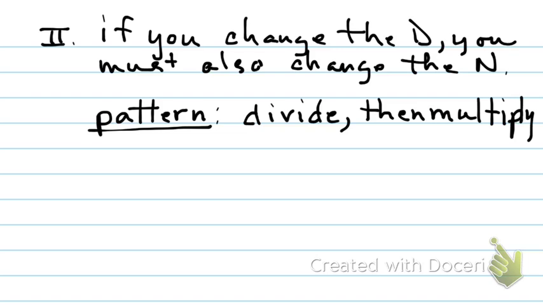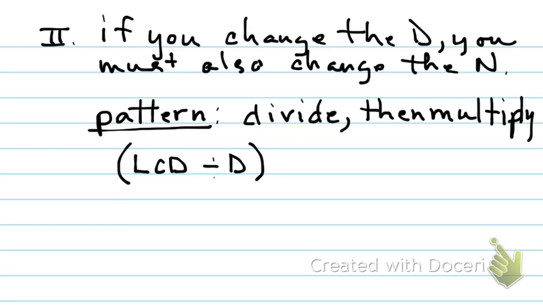So divide, then multiply. And here's how it works. You'll take the LCD, which is the thing you just worked so hard to find, right? And you're going to divide it by the denominator. Now I'm going to put that in parentheses. And what does a parentheses in mathematics mean always? Do it first, right?